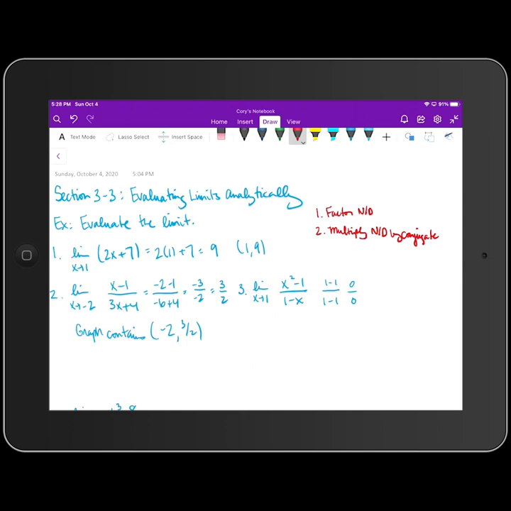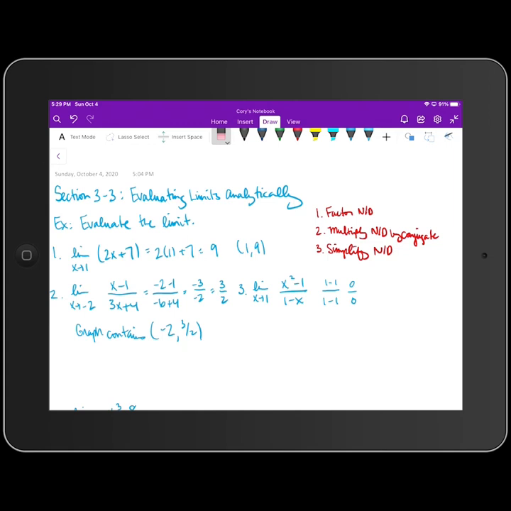And the third technique is to simplify the numerator and denominator. Typically, using one of these three techniques, we'll be able to manipulate our numerator and denominator so that we will eventually be able to use direct substitution.